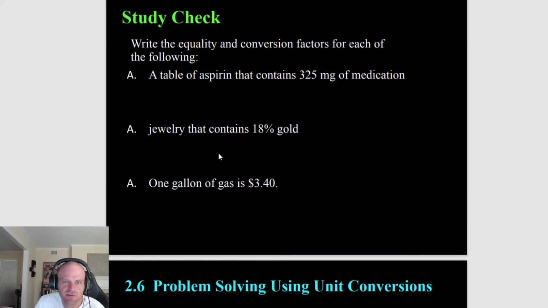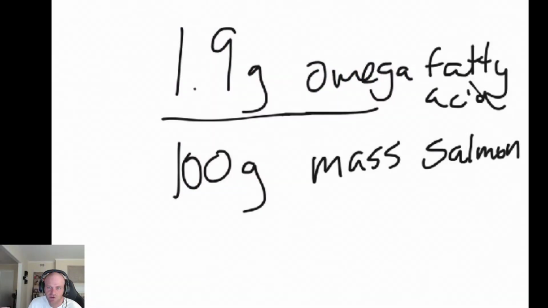All right, so study check: conversion factors for each of the following. This just wants you to practice setting up your fractions. The first one says a tablet of aspirin that contains 325 milligrams of medication.